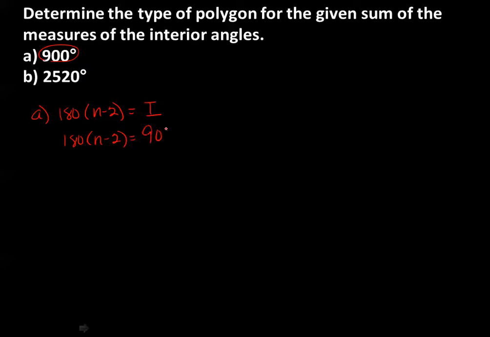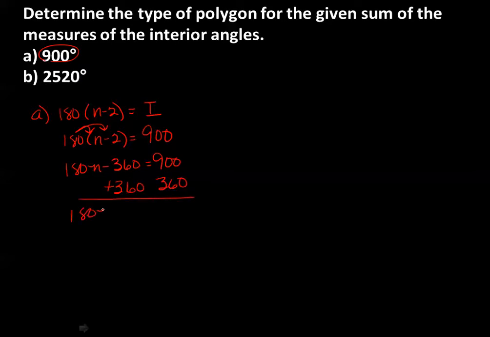I'm going to plug that in for the sum of the interior angles, and now I'm going to have to distribute this 180 to everything in the parentheses. So I'm going to have 180n minus 360 equals 900. I'm going to add 360 to both sides.